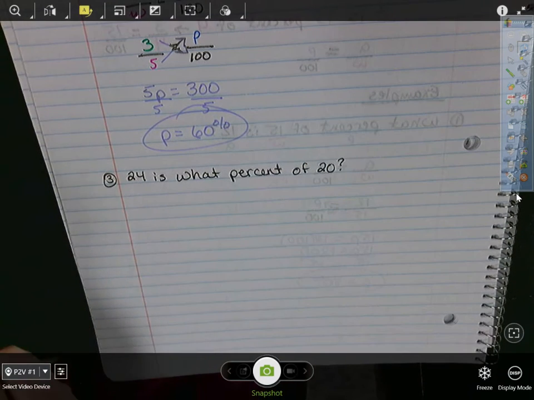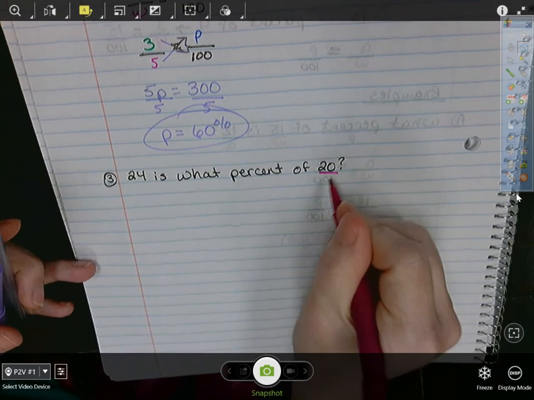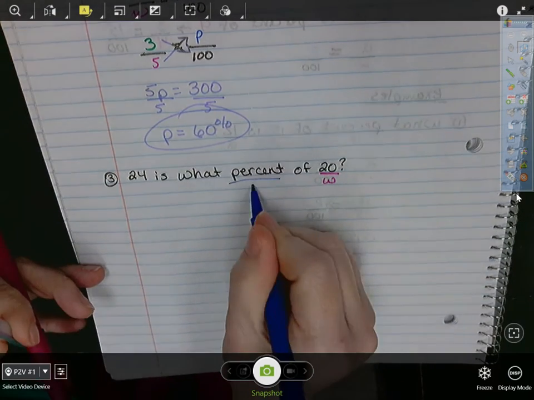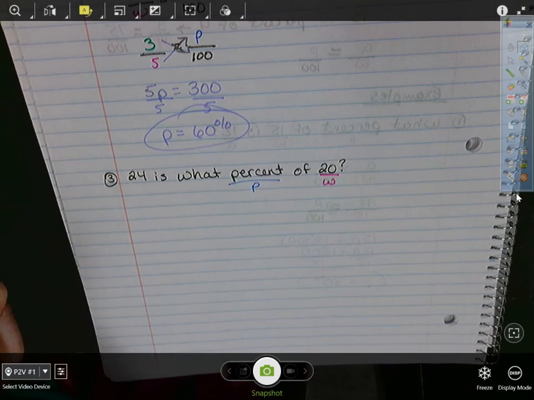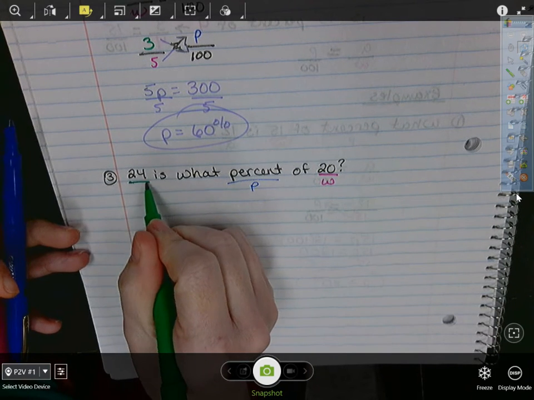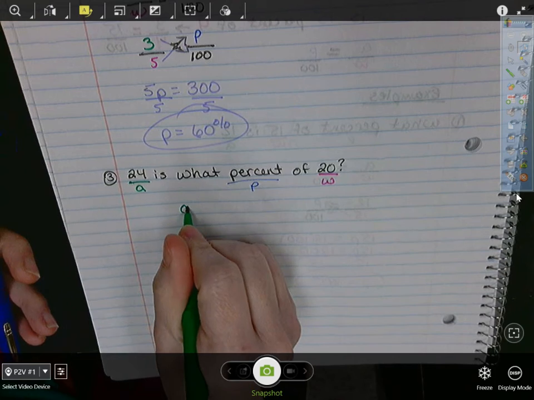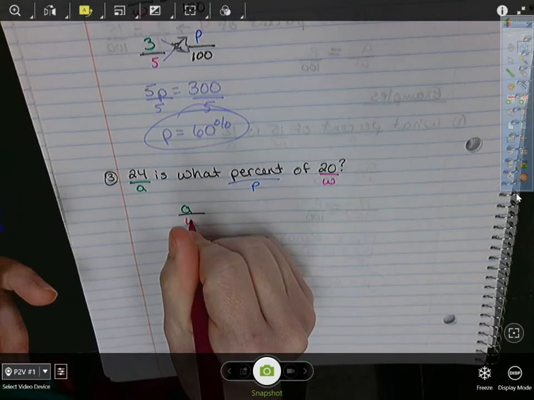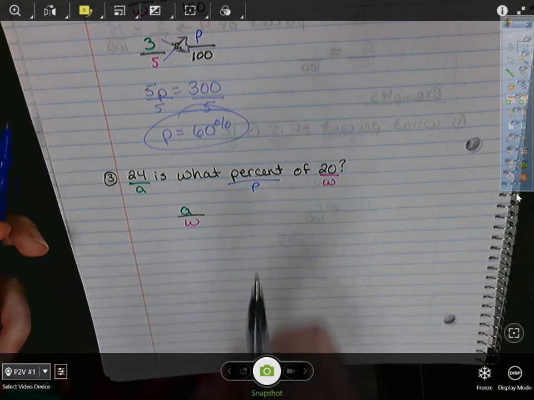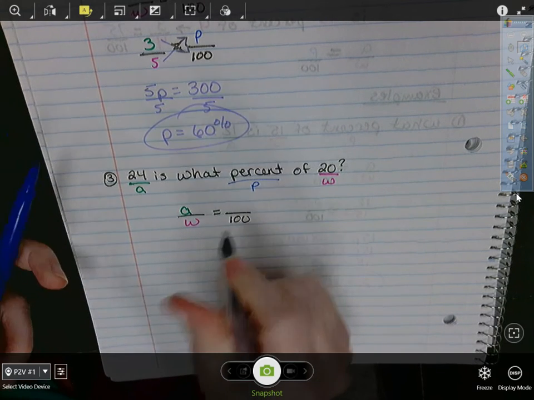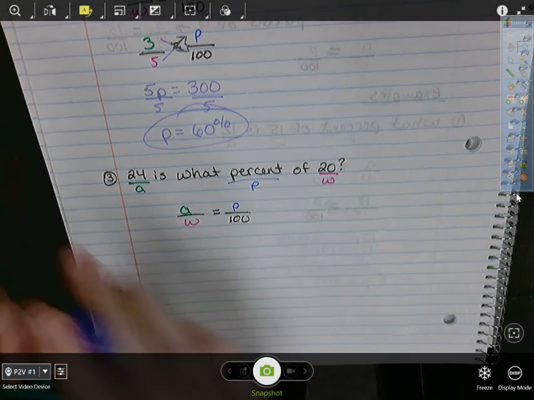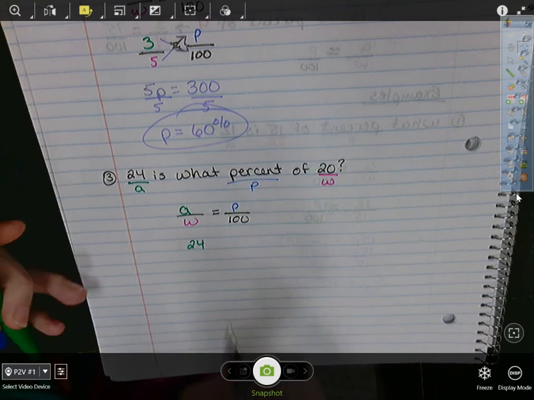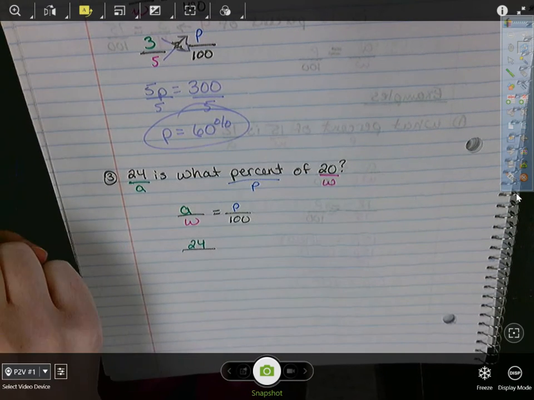Okay, all right, so where it says of 20, that tells me that that's my whole, because it's after the word of, and I don't know what percent is, so I'll leave it as P, and 24 would be my part, and that would be A. Okay, so it's A over W equals P over 100. Okay, so for A, we plug in 24. For W, I plug in 20.